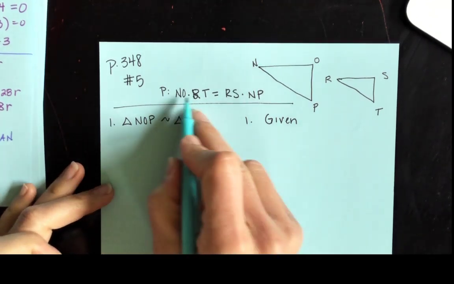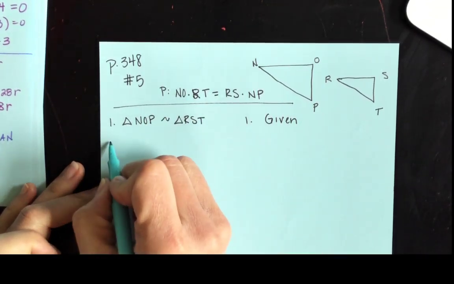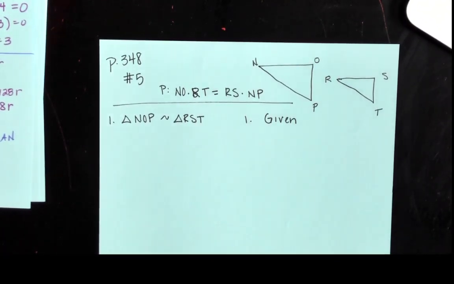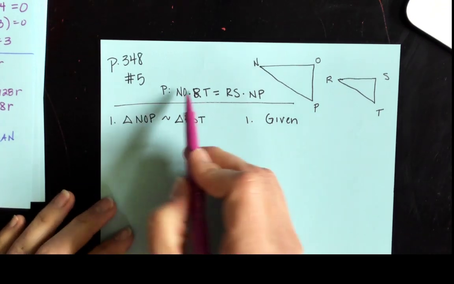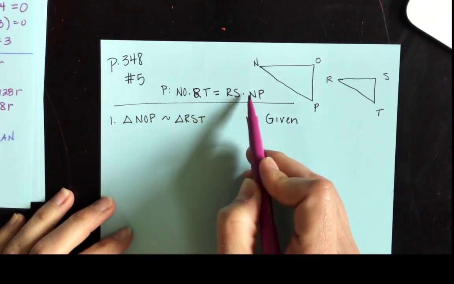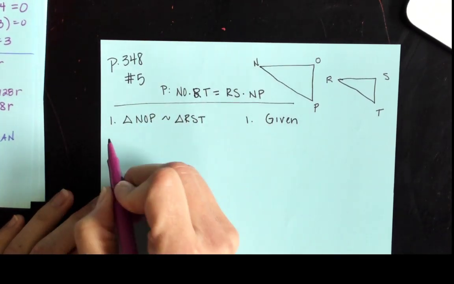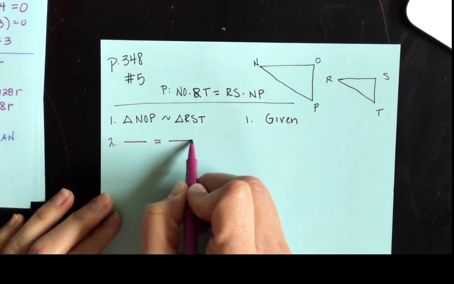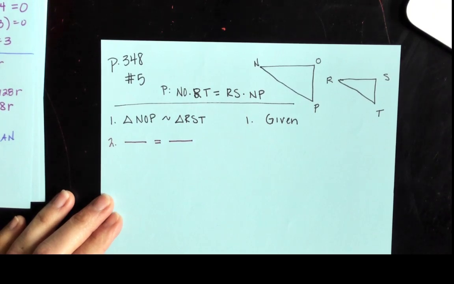So what that does mean is that I have a proportion that already happened. I know it already happened because this cross multiplication is what I want to prove. So in my second step, I want to say that I had sides in proportion.